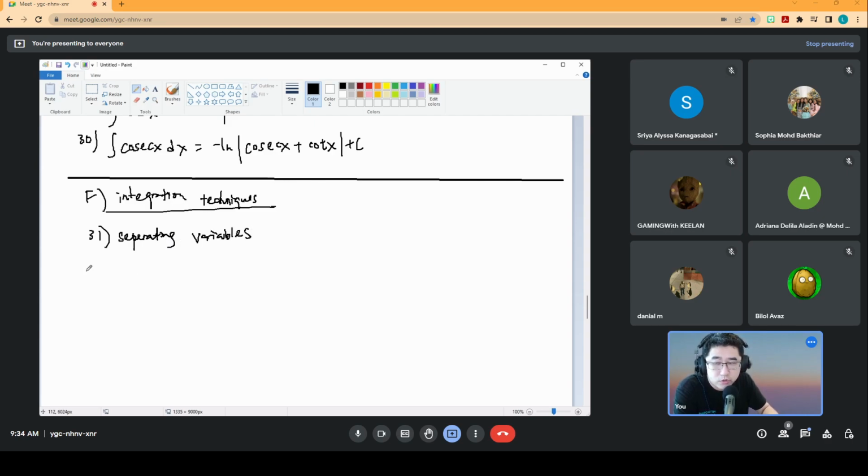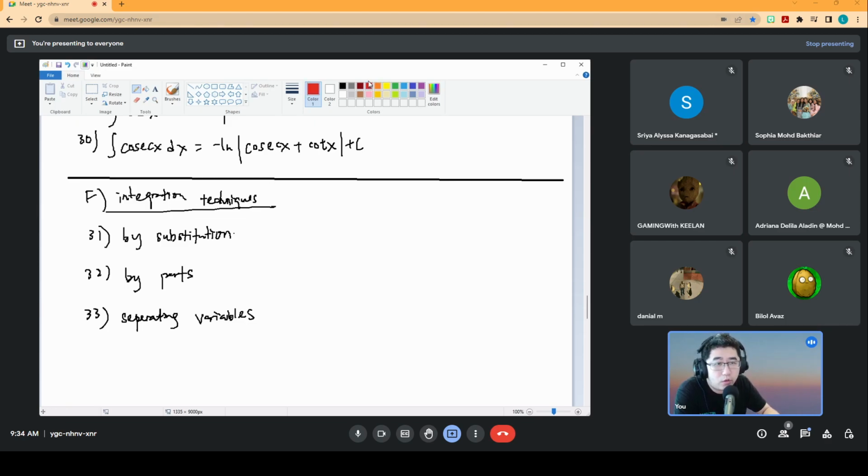So 32, I have by parts. Oh sorry, this is separating variable, it should be number 33. 31 is by substitution. This one becomes technique.